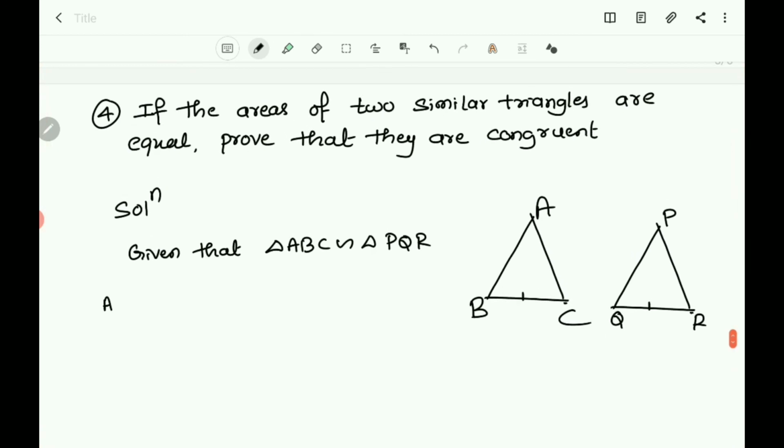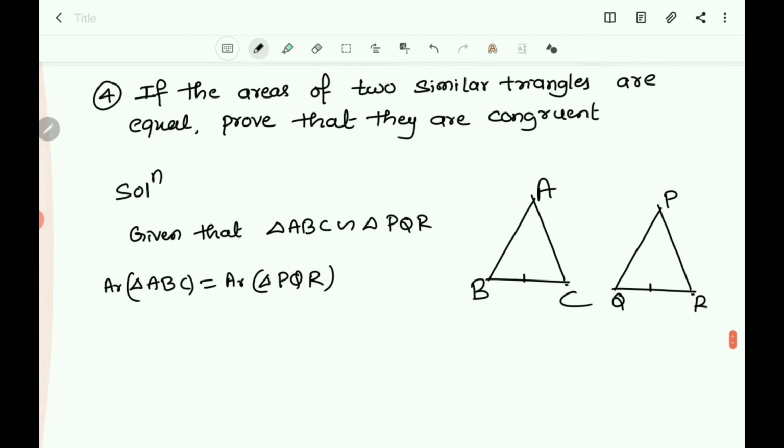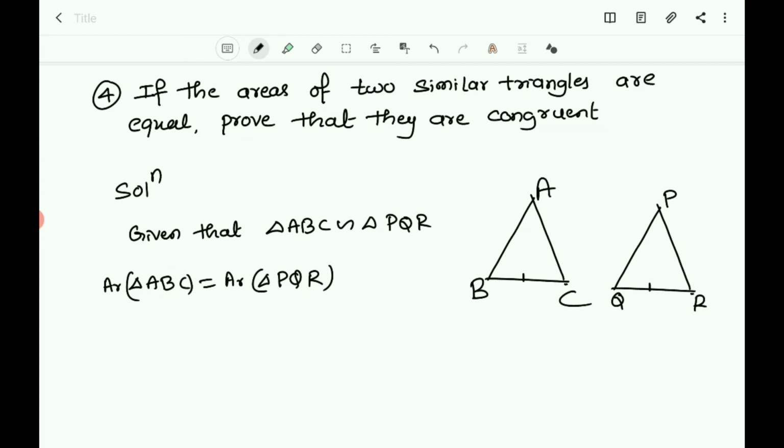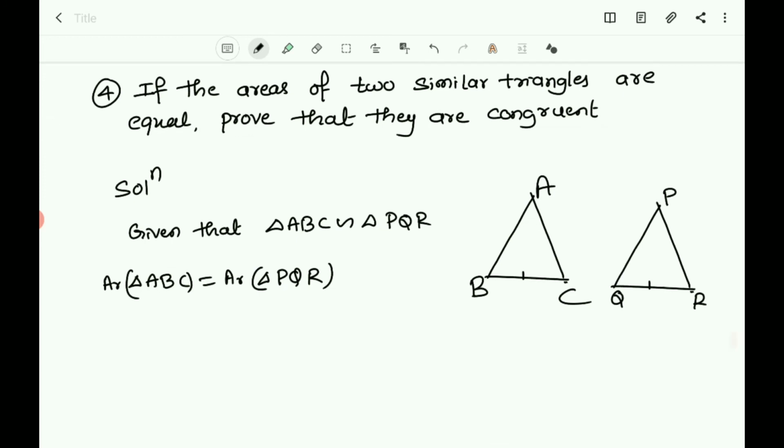area of triangle ABC is equal to area of triangle PQR. So if their areas are equal, it means the ratio of the areas becomes 1, that is 1 by 1.